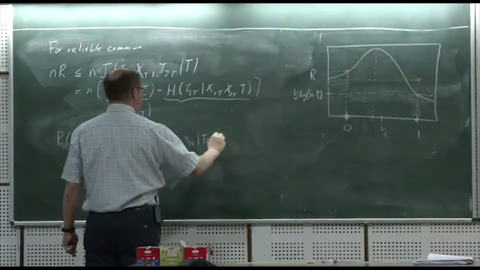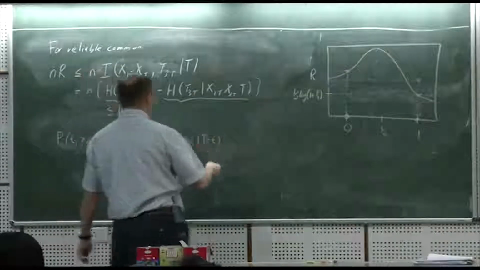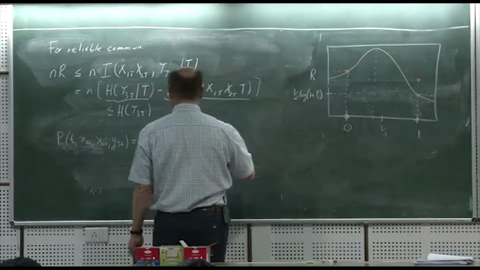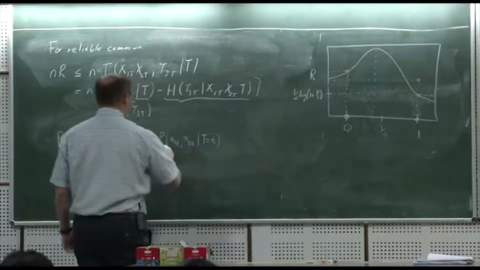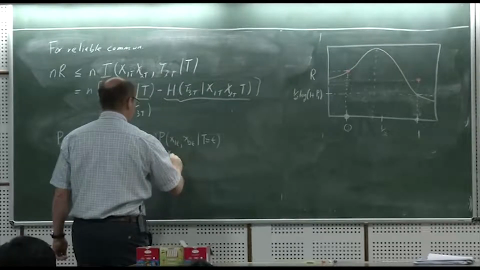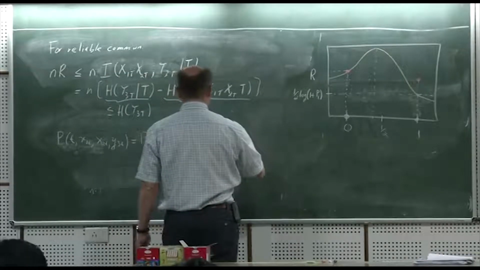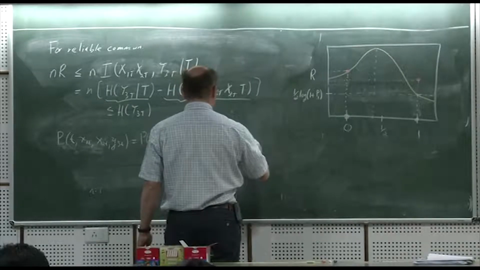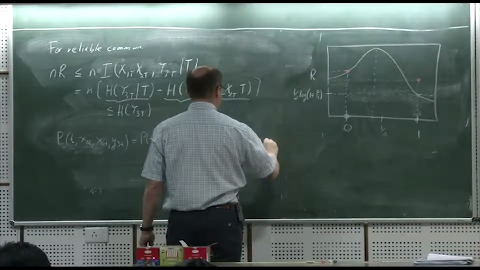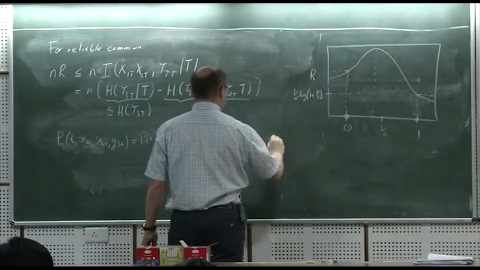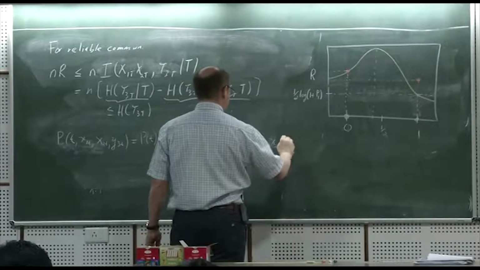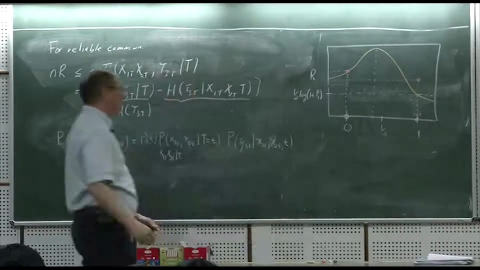I guess I should write, formally, x1t, x2t, given t. And then here I have p of y3t, given x1t, x2t, right? I would have the t there.